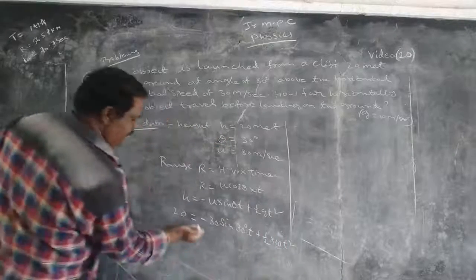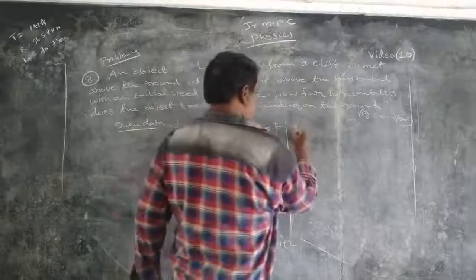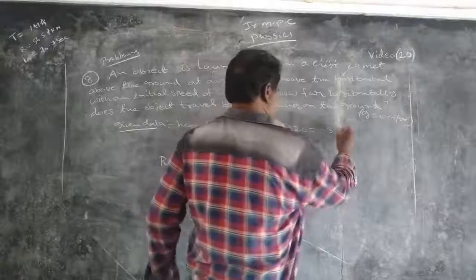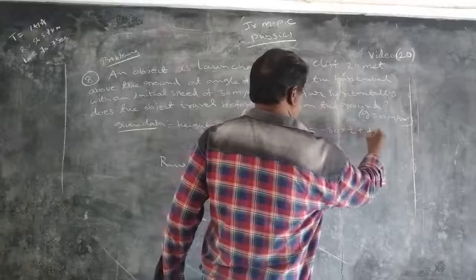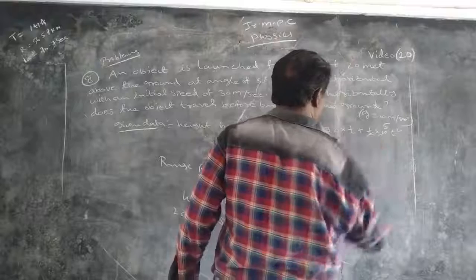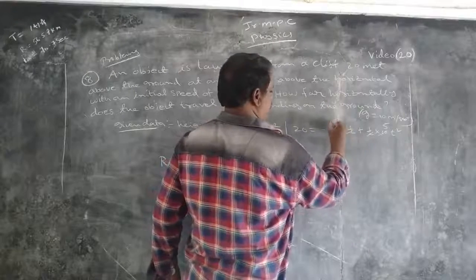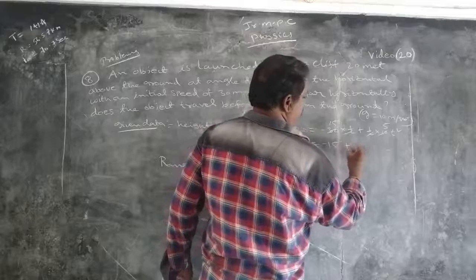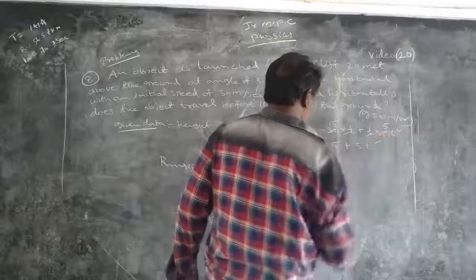This equation becomes 20 equal to minus 15t plus 5t square.